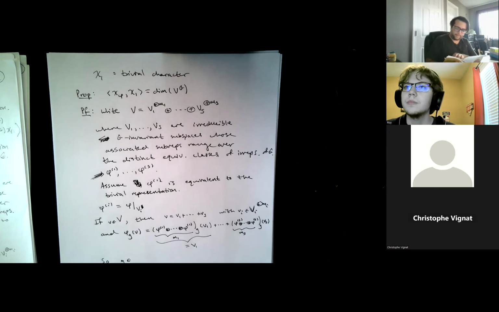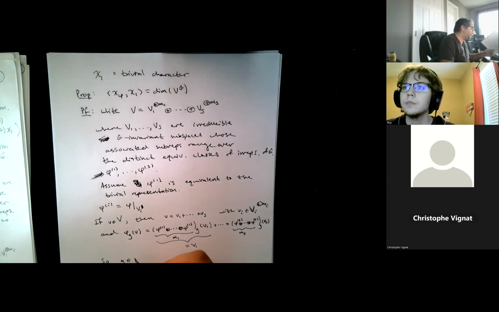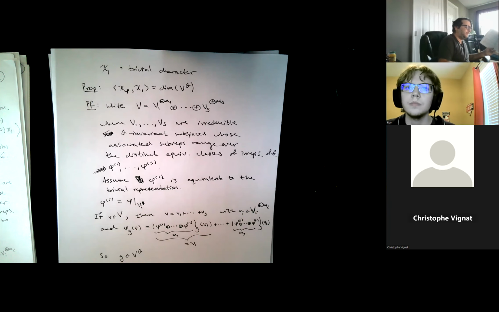See what I want to say here. Okay, yeah, this is a typo in Steinberg. So I'll write it down and maybe we can try to decode what he meant. So he says that g is in V^G, which makes no sense, right? The element of the group can't be an element of the fixed subspace.